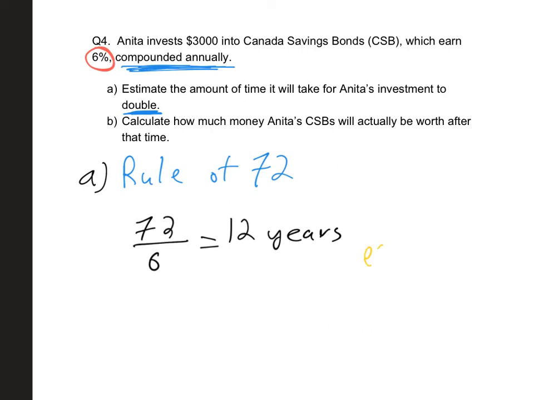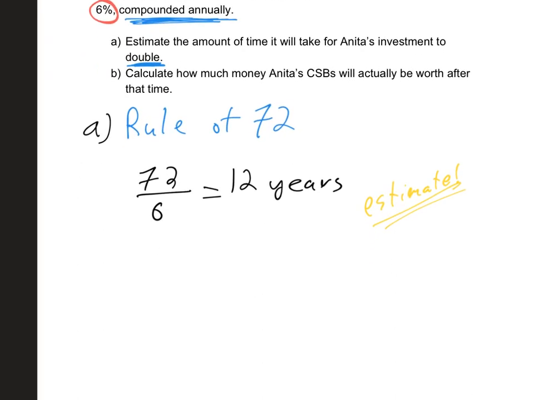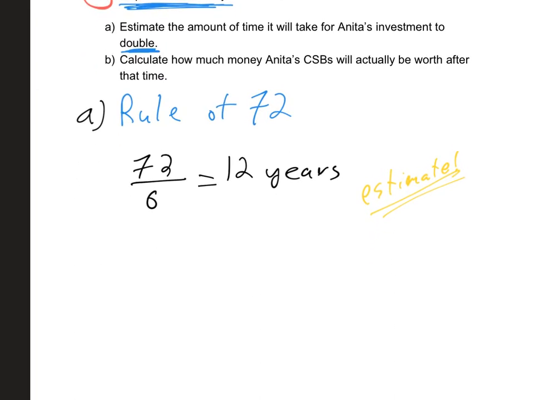Realize, however, that this is just an estimate. And this estimate does work best when the investment is compounded annually. It's not necessarily exactly precise, but it should be close, particularly for annual investments.